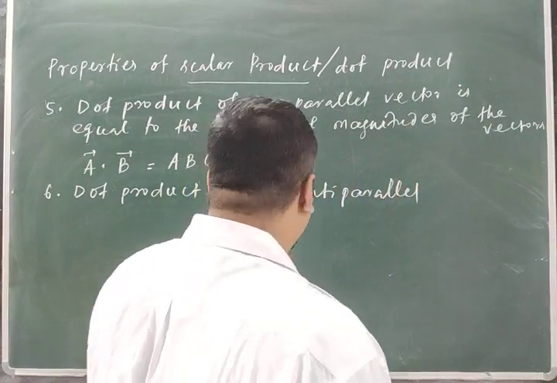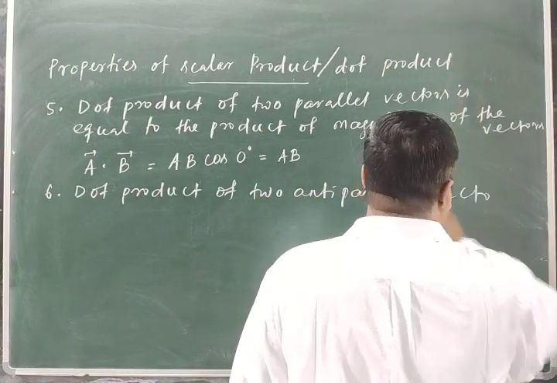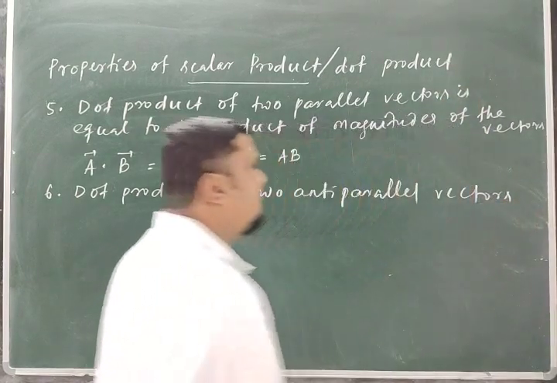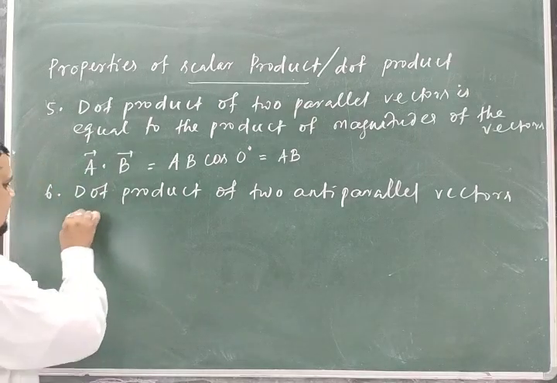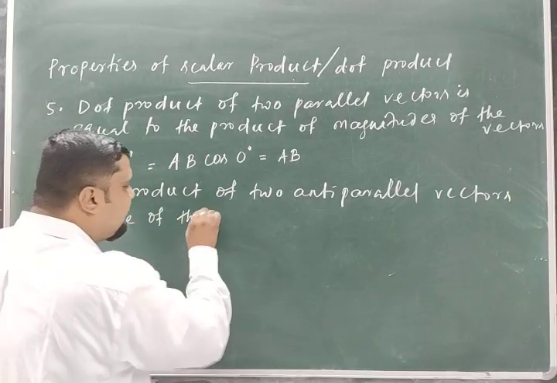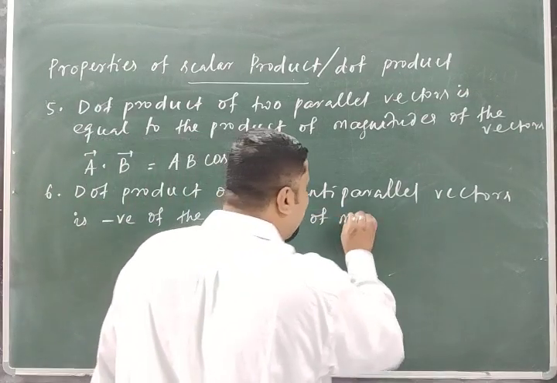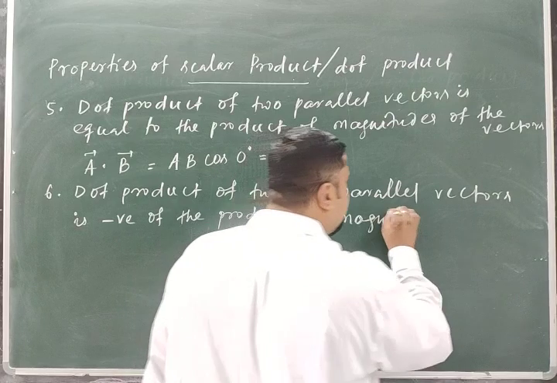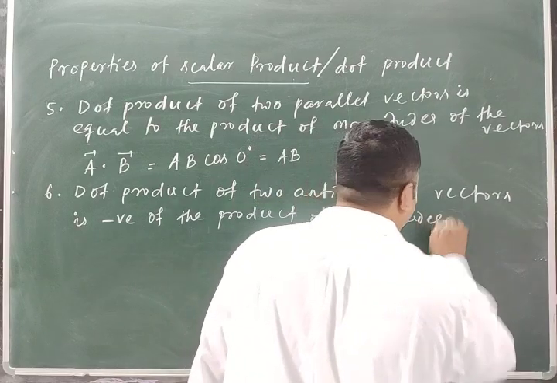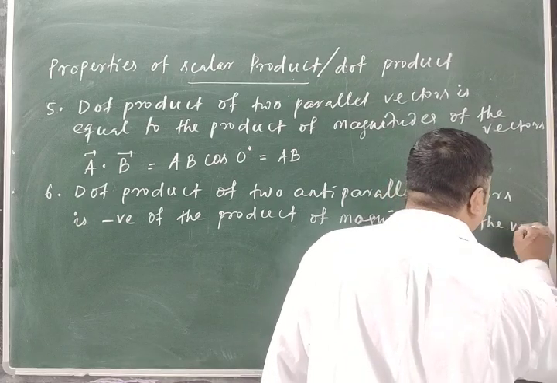So the dot product of two anti-parallel vectors is the negative of the product of the magnitudes of the vectors.